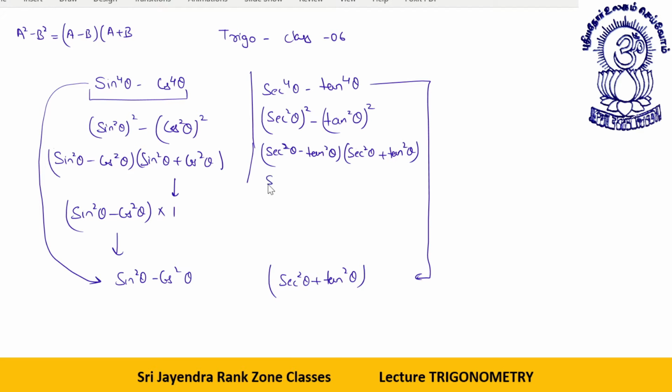Sec square theta minus tan square theta is 1, into sec square theta plus tan square theta. So finally you will get sec square plus tan square.